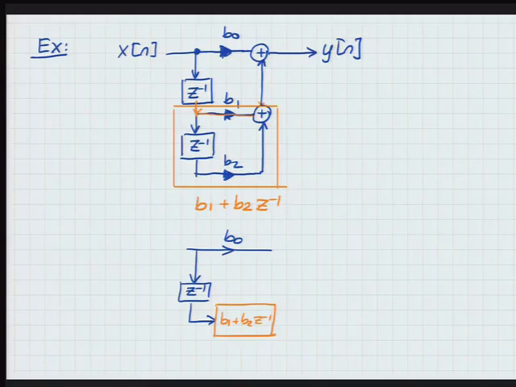And then that gets added here, and this is Y of n. And this is X of n, right? So what's the overall transfer function? In other words, what's the transfer function for this new bigger box?